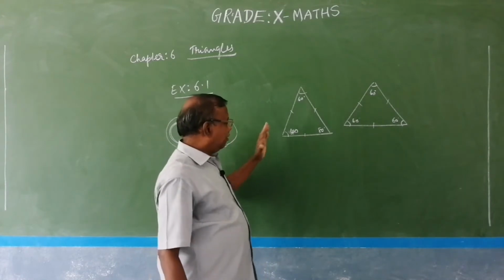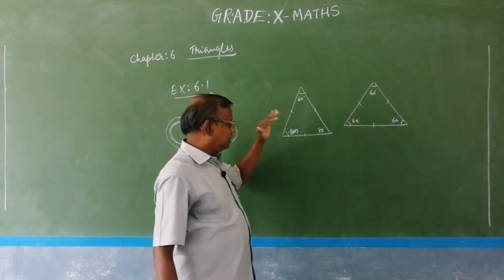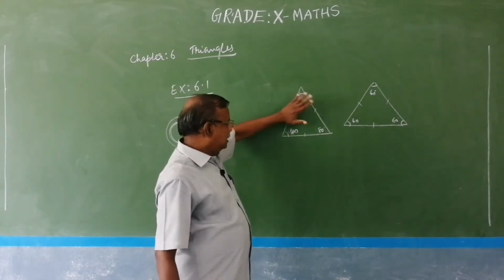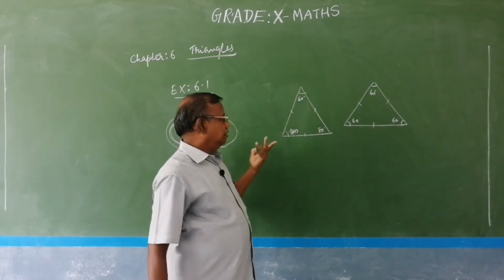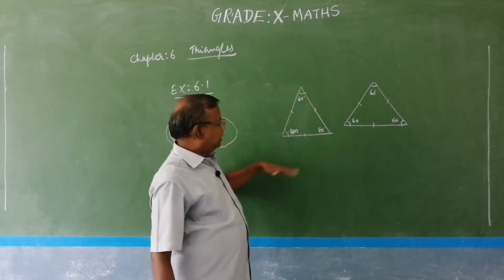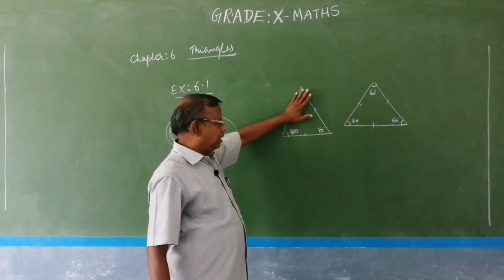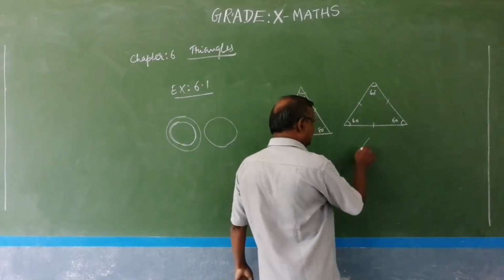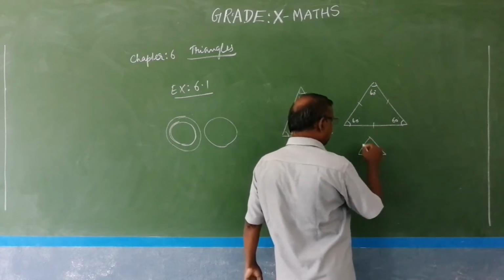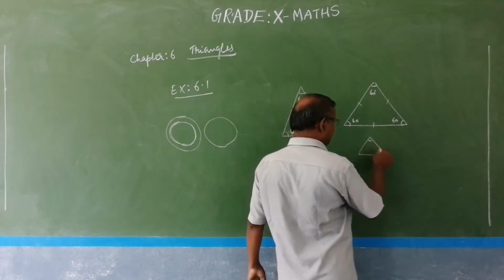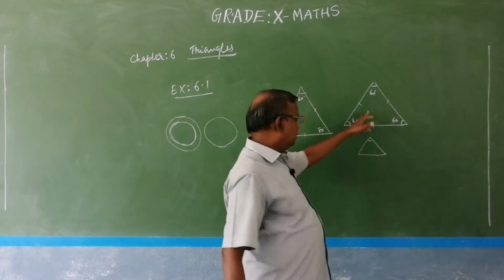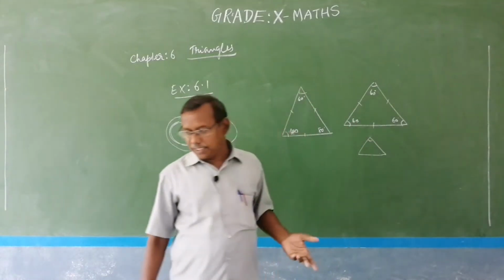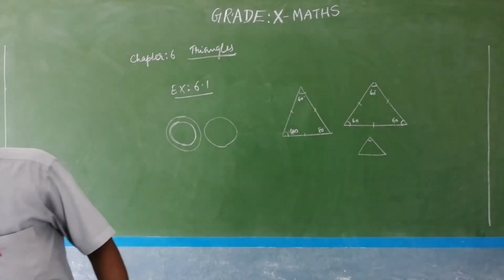So we can't say all the isosceles triangles are similar, because two sides are equal, but irrespective of angle we can have any number of isosceles triangles. For all the equilateral triangles the angles are definitely 60, 60, 60 only. So all the equilateral triangles are similar, whereas isosceles triangles need not be similar.